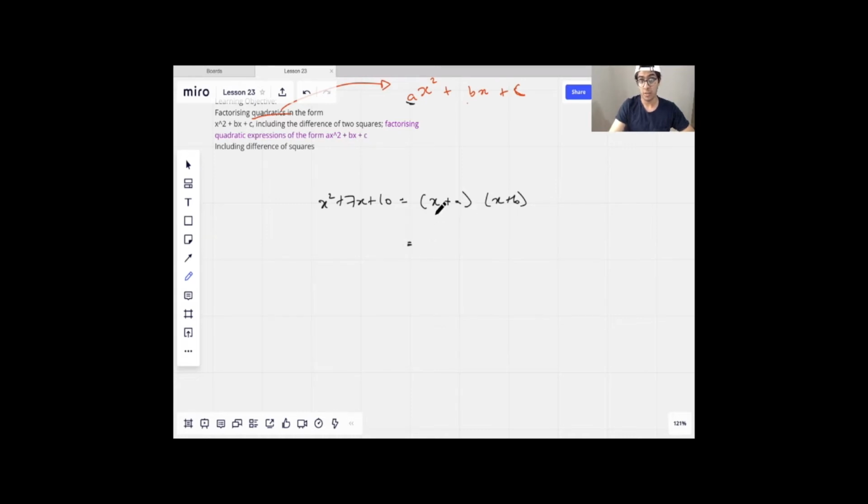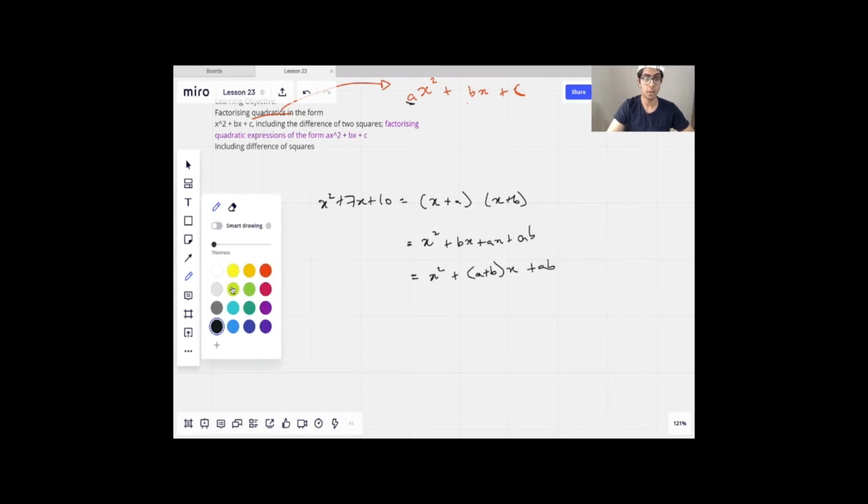So if you expand this side out, we go x times x, x squared. We can do x times b, so plus bx, and then a times x, plus ax, and then plus ab, which comes out to x squared plus (a plus b)x plus ab.